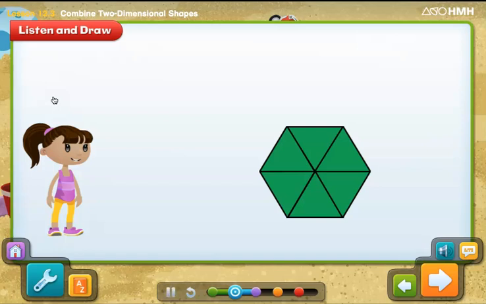What shape did Karen make with the 6 green triangles? Click to see if you're right. A hexagon. When the 6 triangles are put together, they have the same shape as a single hexagon. So Karen could make a hexagon.